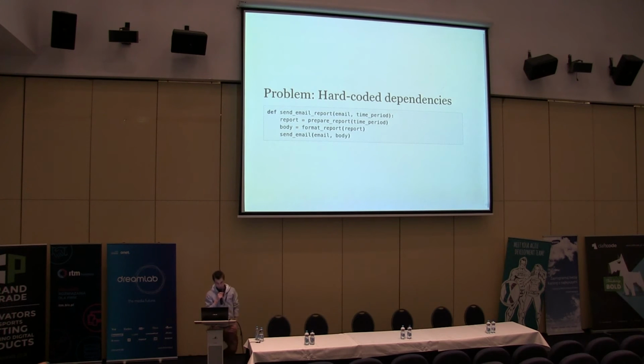Let's get back to our old function and wonder, what's the problem here? Why is it closed for extension? The problem here are the dependencies and the fact that they are hard-coded. This function explicitly says which exact function to use for formatting the report, and there is no way to tell this function to use another formatting function.